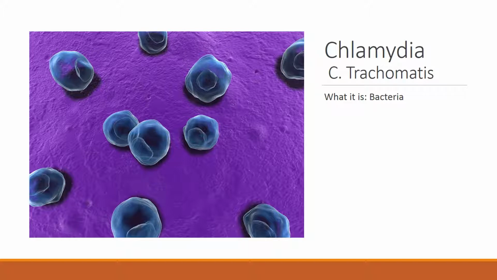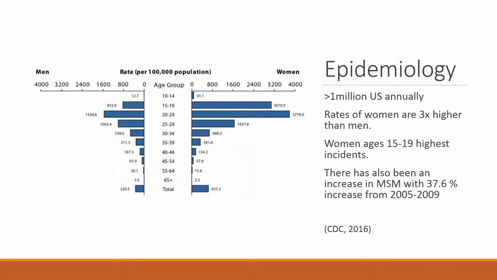And the first being chlamydia, which is the most common bacteria that we're going to see in the clinical setting. Now, we see over 1 million people infected with this annually. Women have significantly higher rates than men, and a lot of that has to do with just anatomy and physiology.